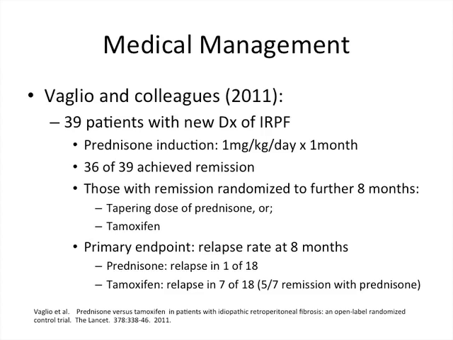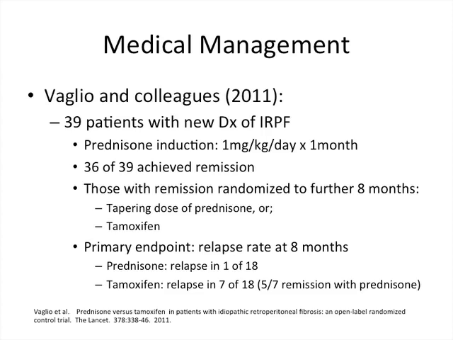And they started these 39 that were felt to have a new diagnosis of idiopathic RPF on a high-dose induction prednisone treatment regimen, which is 1 milligram per kilogram per day, with a max of 80 milligrams per day. They then assessed for remission within 1 month, and this remission was defined as either relief of the symptoms that they presented with, or a normalization of their acute phase reactants.